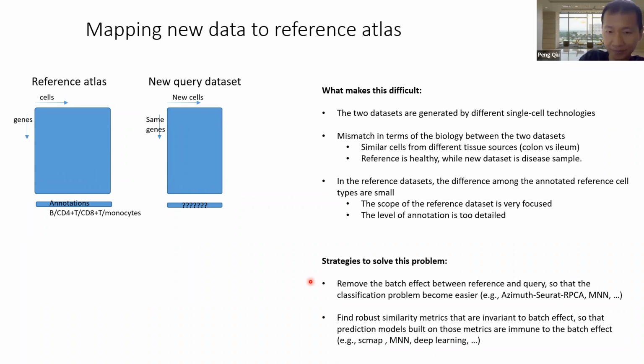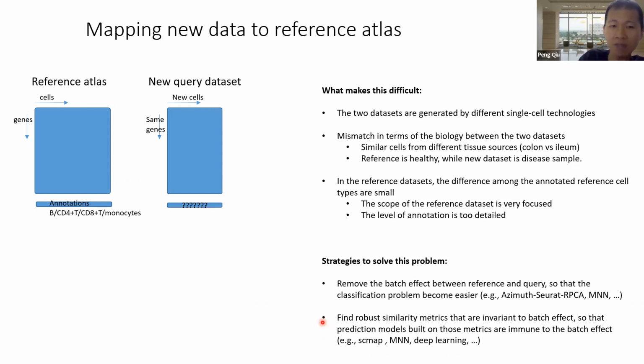And the second approach is to identify robust similarity metrics that are invariant to batch effect. So that when we calculate that kind of similarity metric between cells here and also between cells across these two data sets, these may be correlations or whatever similarity metric, they are not really affected by batch effect at all.